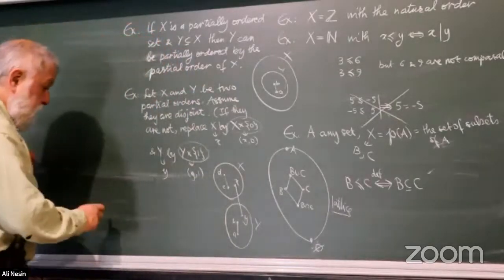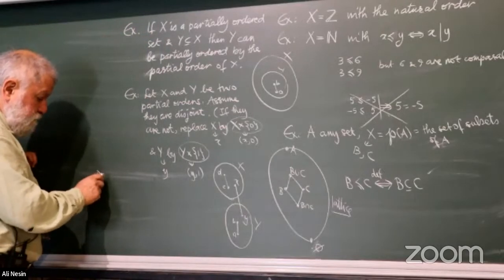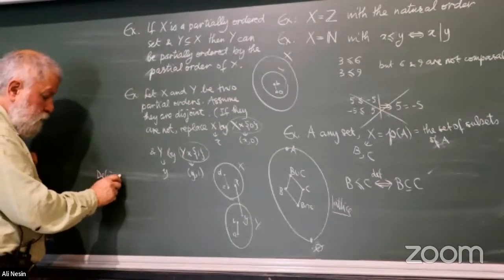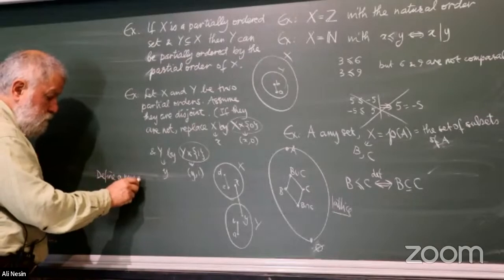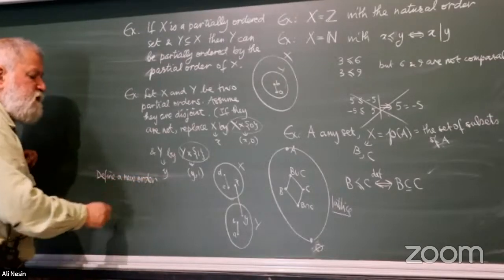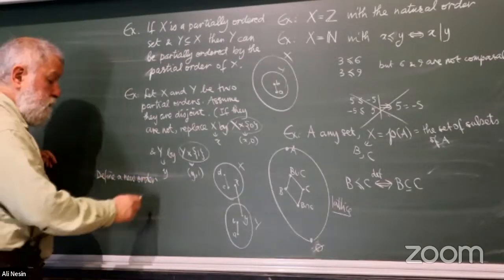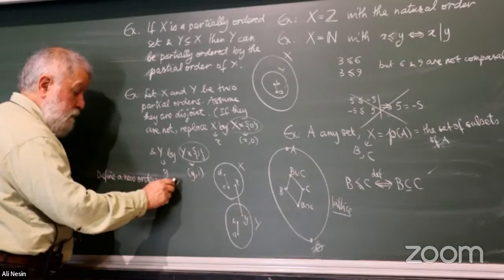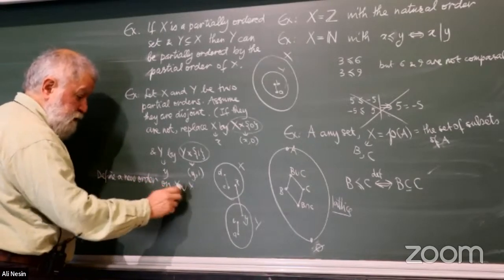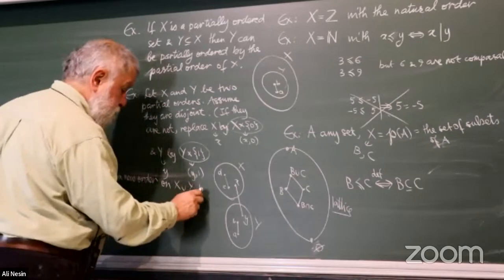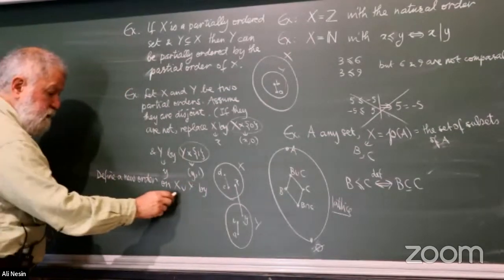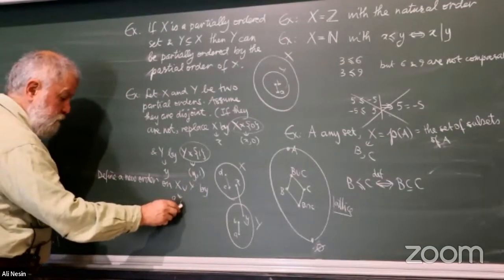So you can define a new order. Sometimes I would say just order instead of partial order. A new order on X union Y, this disjoint union, by: you take two elements here, let's say a and b.